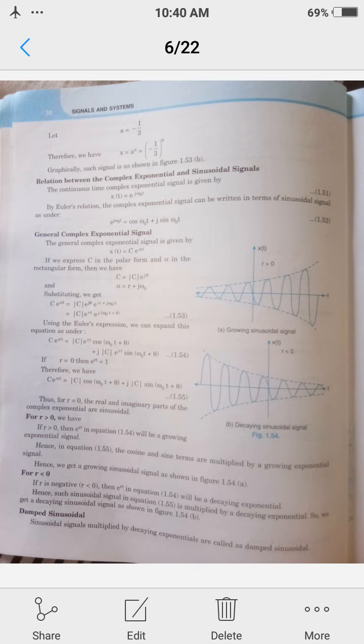So using Euler's equation we can expand this, and we get c into e to the power alpha t is equal to mod c cos(omega 0 t plus theta) plus j mod c sin(omega 0 t plus theta). Now in this equation, if r is 0, then the real and imaginary parts of the complex exponential become sinusoidal.